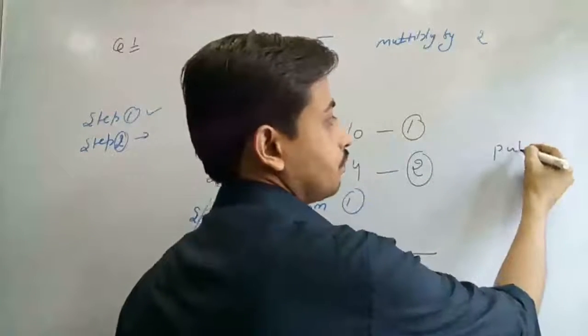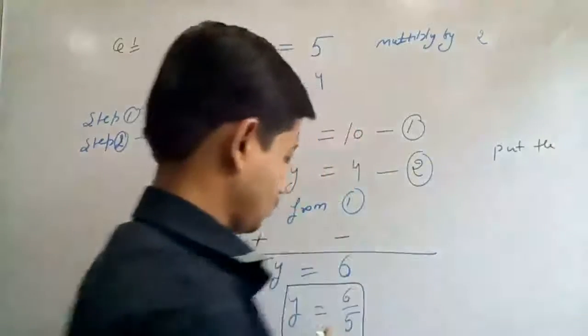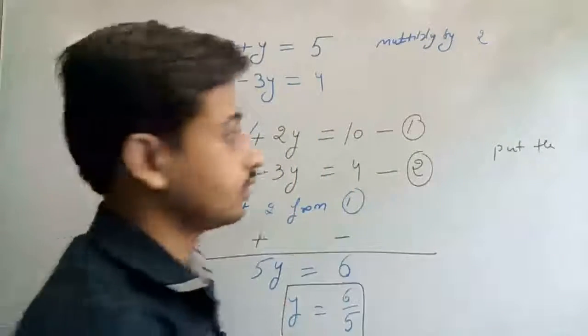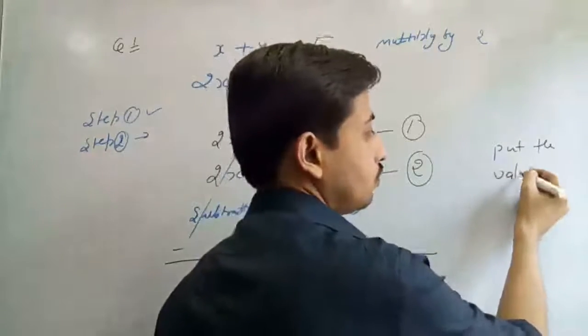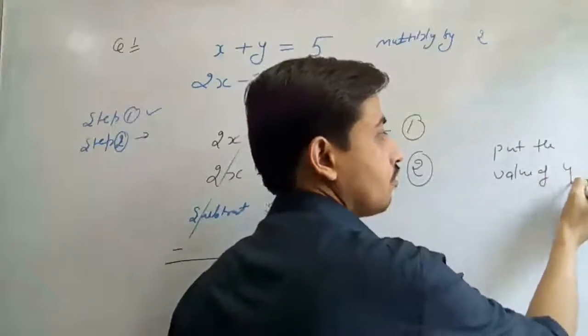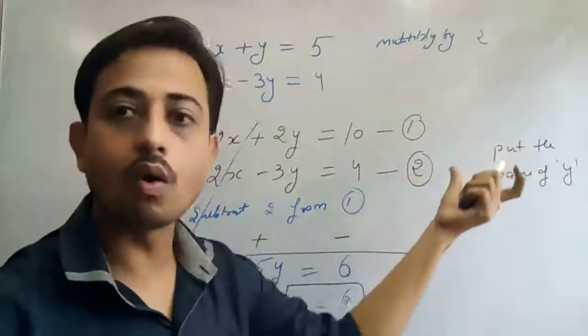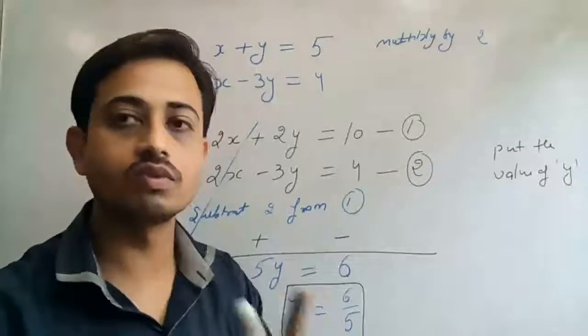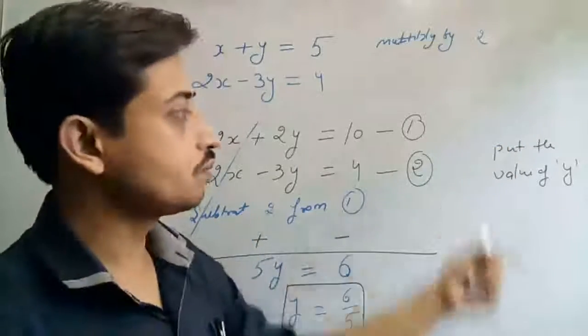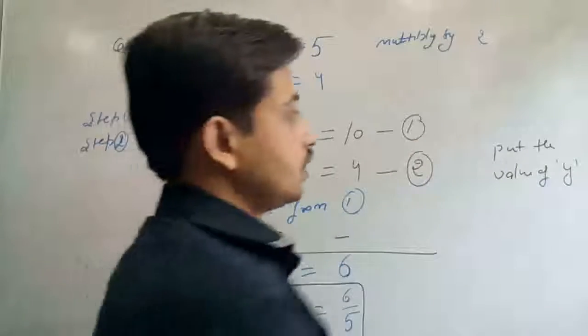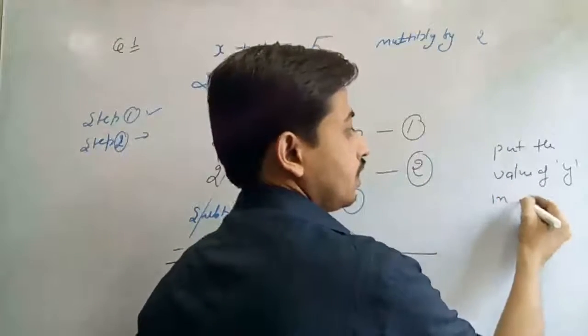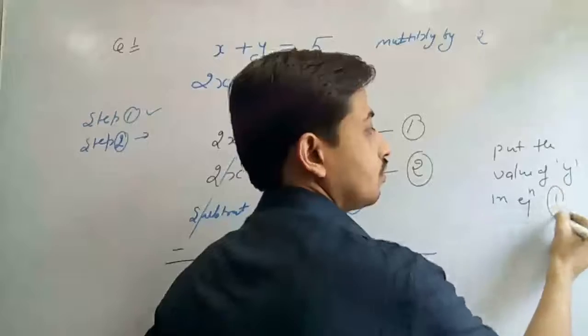Put the value of y in either equation. You can put it in 1 or 2. It's your choice. The answer will always be the same. So I am putting it in equation number 1.